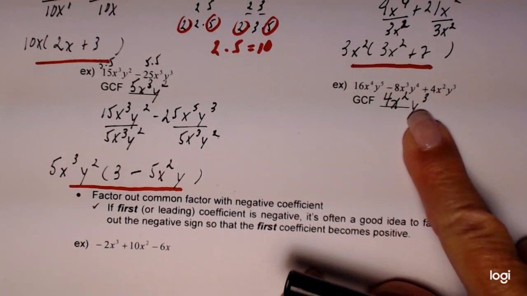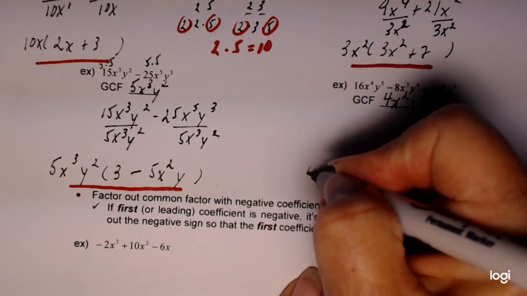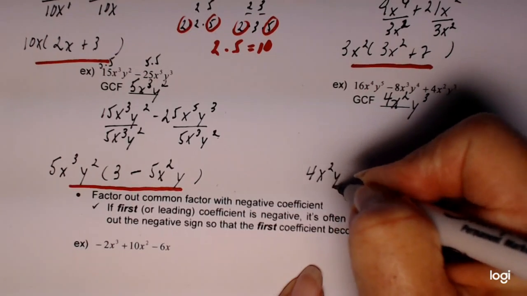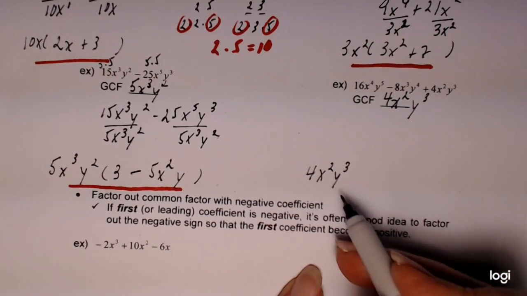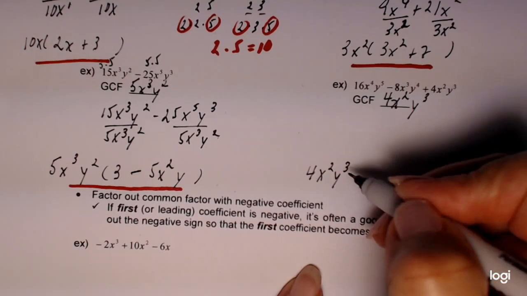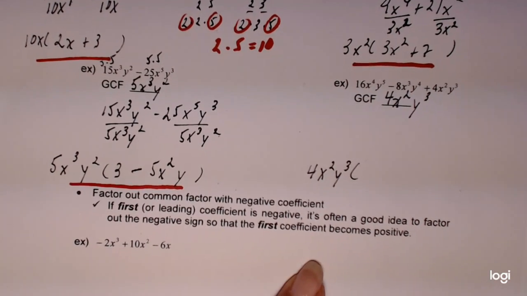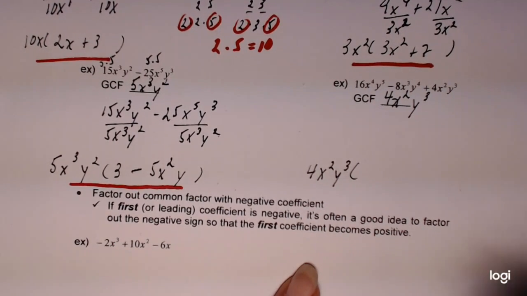So we've identified our greatest common factor, 4x squared y cubed. And now the parentheses of what we have left after the division.